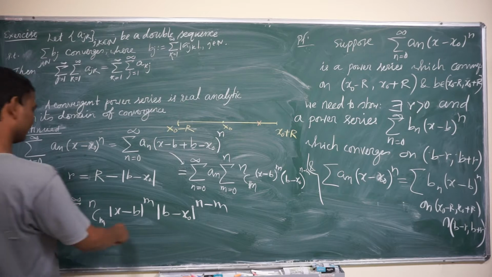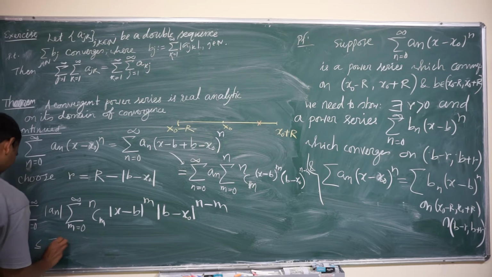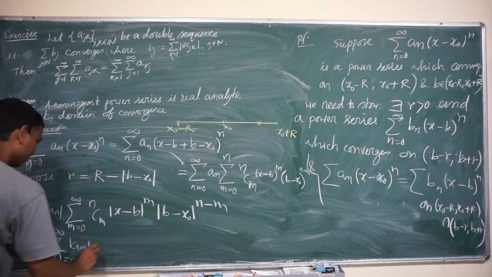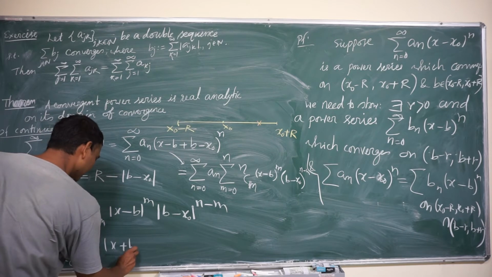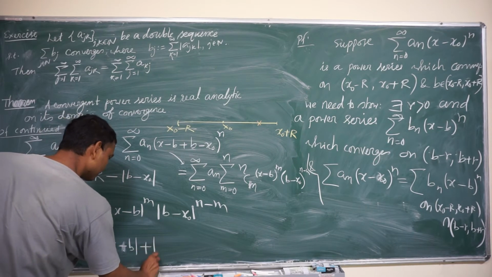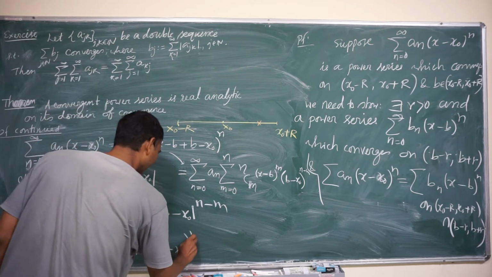Now look at this series, which is less than or equal to summation n equal to 0 to infinity mod a_n, (mod of x minus b plus mod of b minus x naught)^n.